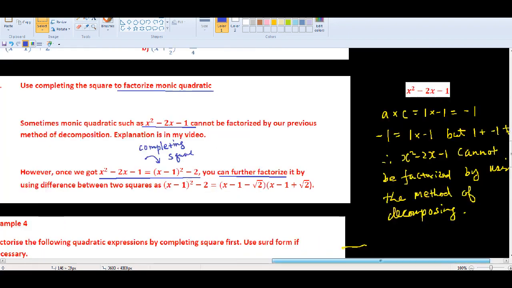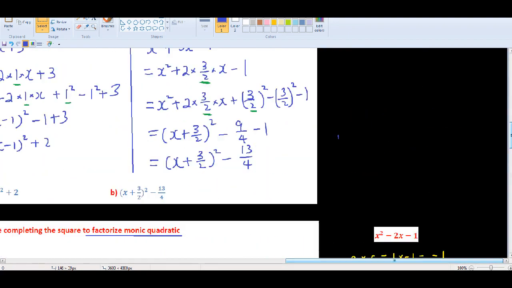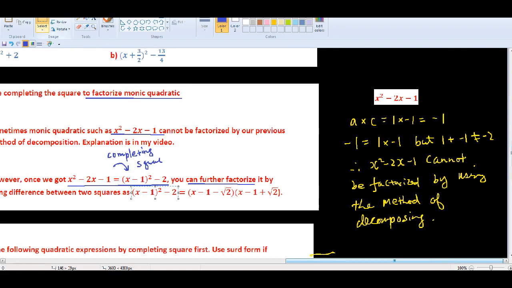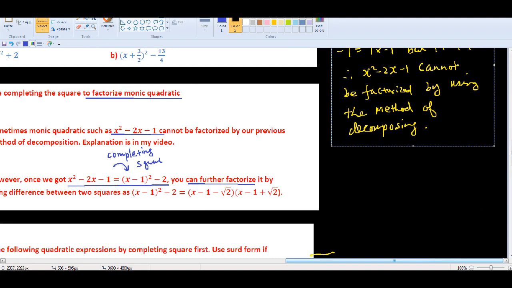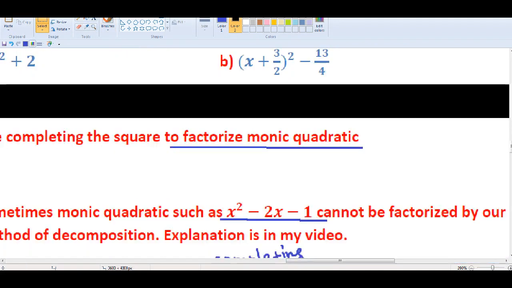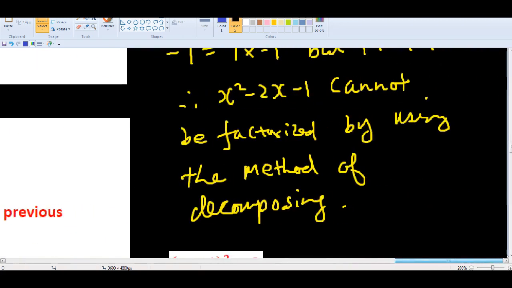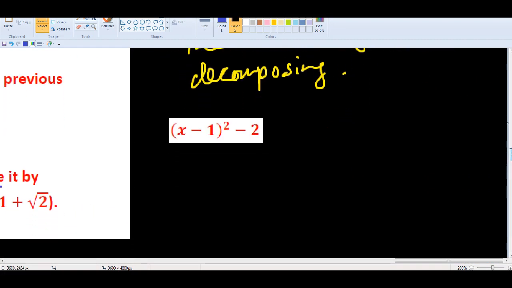If you forgot that, let me remind you over here. Just create some space for me. Let's think about how we could factorize this. Last time we learned something like this. If you got 2, which is not a square number, you can always write that 2 as square root 2 squared.